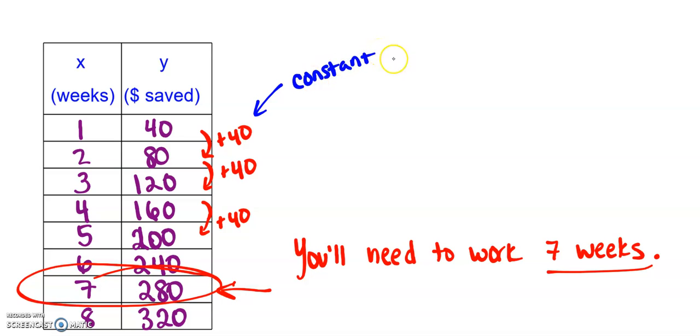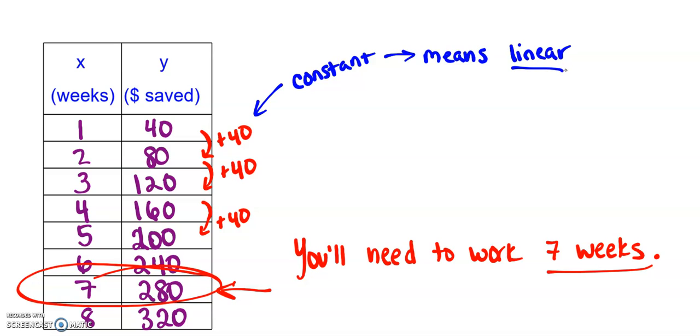That means you have a linear situation, a linear scenario. So anytime maybe you get an allowance or you have money that you earn and it's consistent from week to week, that would definitely fall into a linear category.